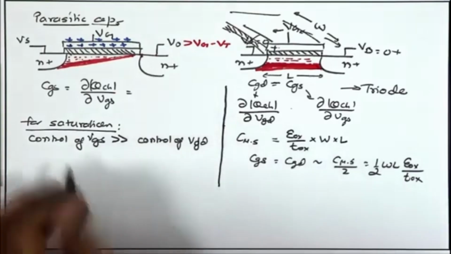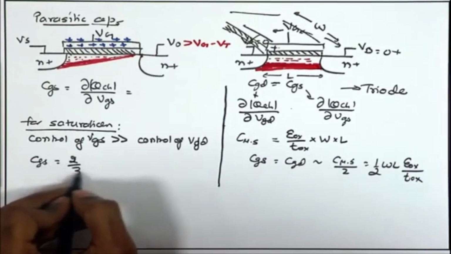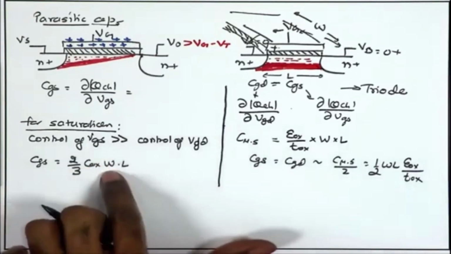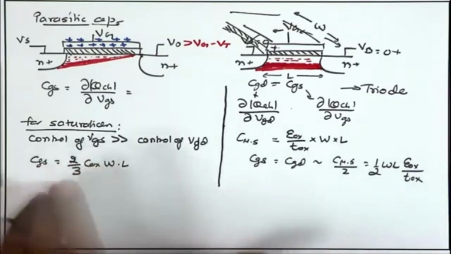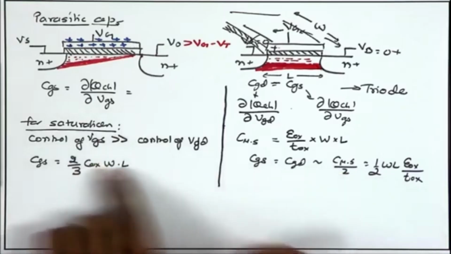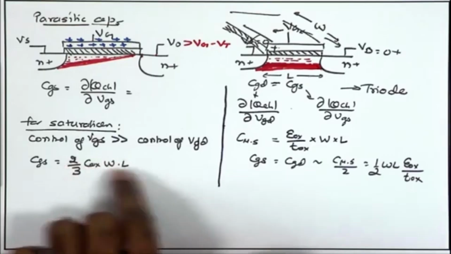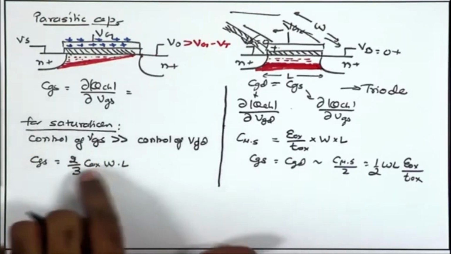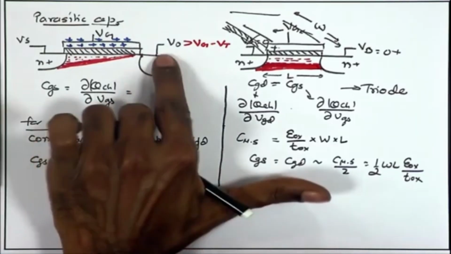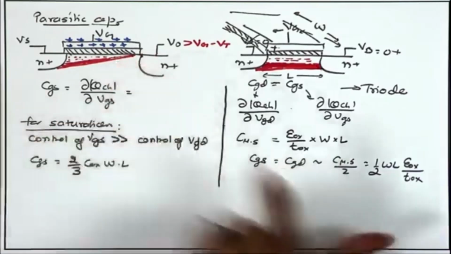But approximate analysis can give us C_GS approximately equal to 2 by 3 times C_OX times W times L. So, more than half of the overall capacitance between the gate and the bulk, 2 by 3rd of W L C_OX, is dictated by the C_GS, and the drain voltage is not having much control on the total channel charge, it has very weak dependence in the saturation region.